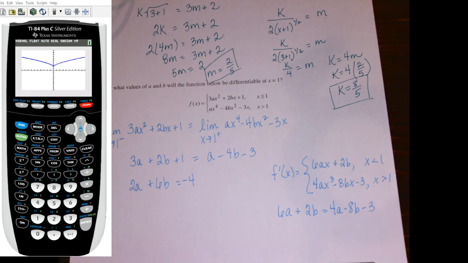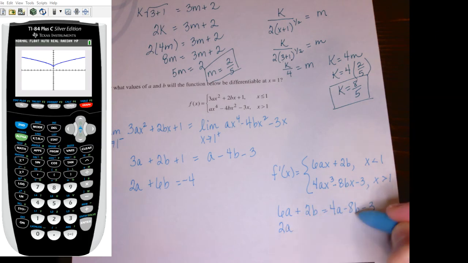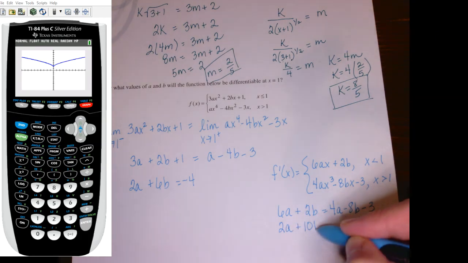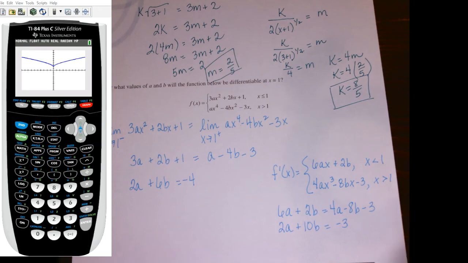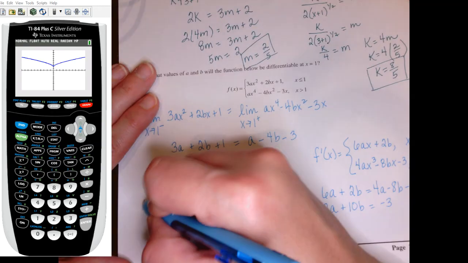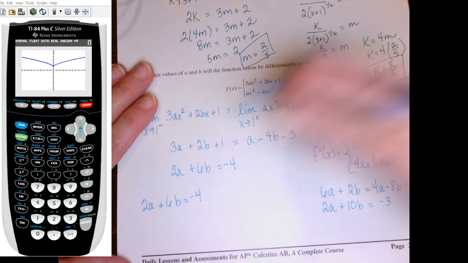Now, just like I did before, I'm going to get all of my a's and b's on one side. So I'm subtracting that 4a. I'm adding that 8b, and it's going to equal negative 3. Now, for this one, because there's coefficients involved, I'm going to use elimination. So I'm going to take 2a plus 6b equals negative 4.